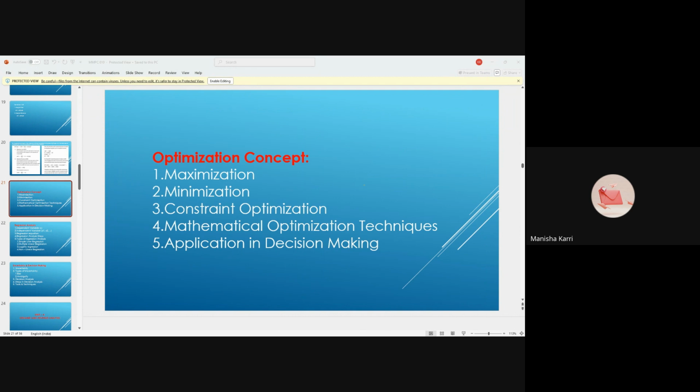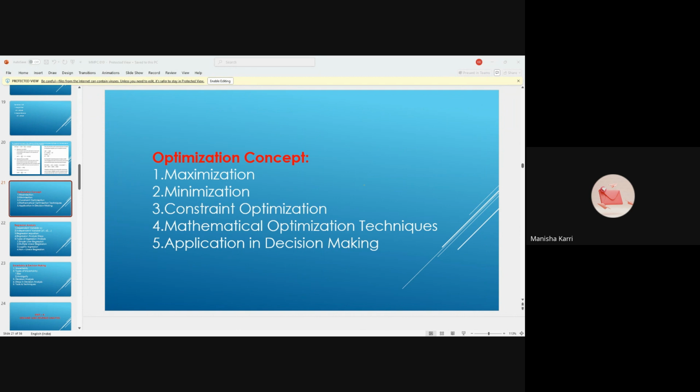Next, mathematical optimization techniques. Optimization problems are solved using mathematical techniques such as calculus, linear programming, or other optimization algorithms. These techniques help to find the optimal solution by analyzing the relationship between the variables and the constraints.